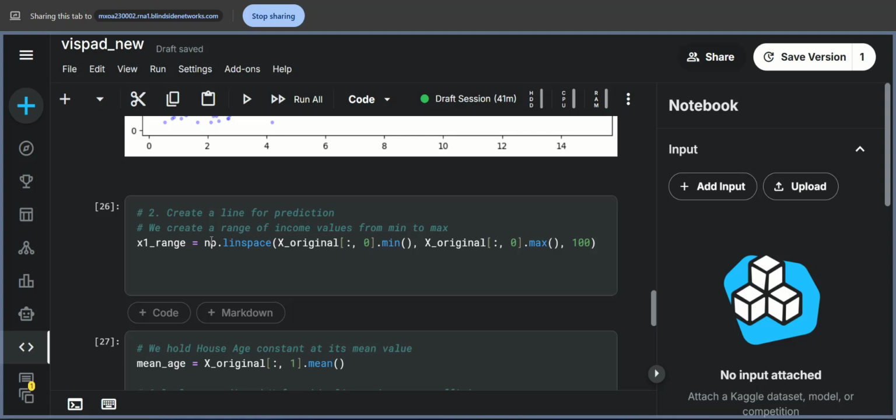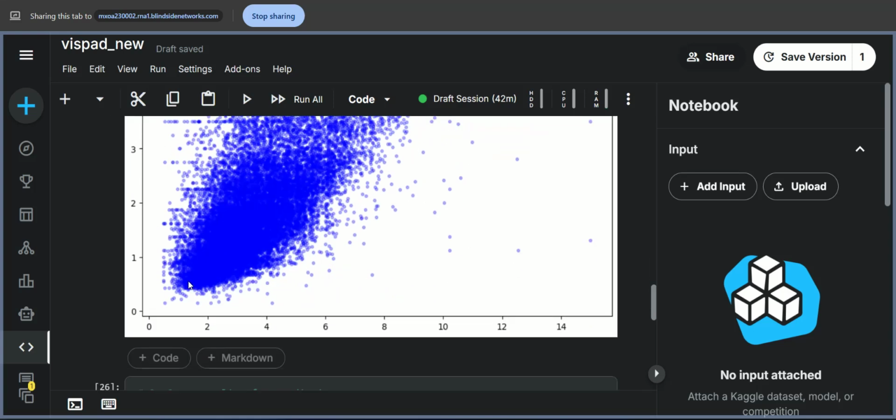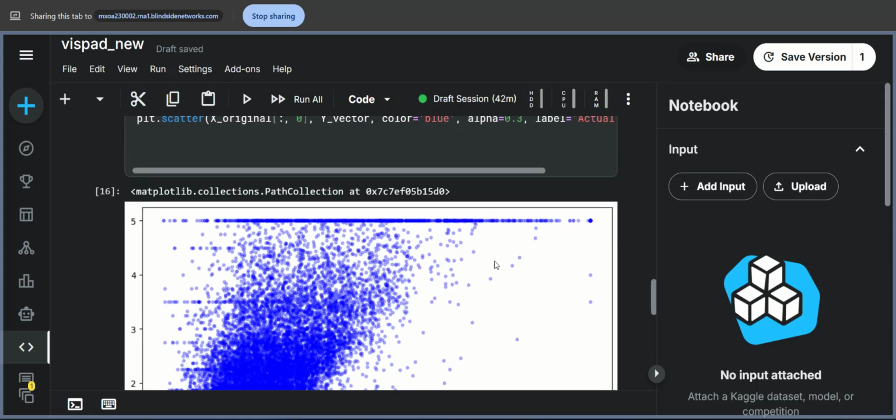So we are going to create 100 equally spaced values, find their y values, and then use them to create the line, because there is no need to use all the values to draw it.